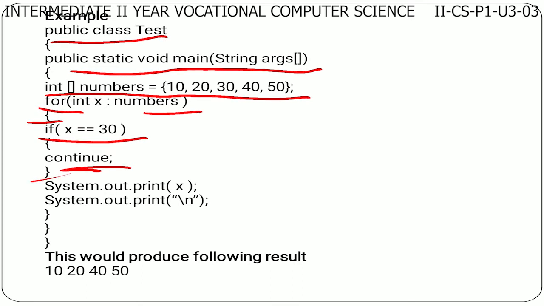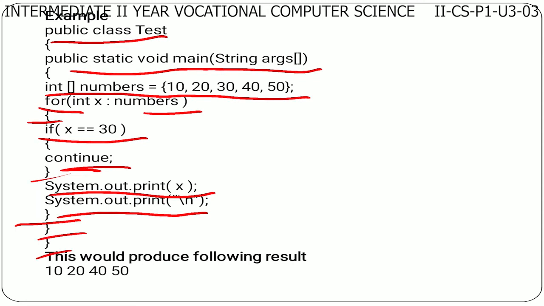Then I am printing system.out.print x, system.out.print /n, which represents the new line, that is it generates space in the output. Then I'm closing the for loop, closing the method, closing the class.